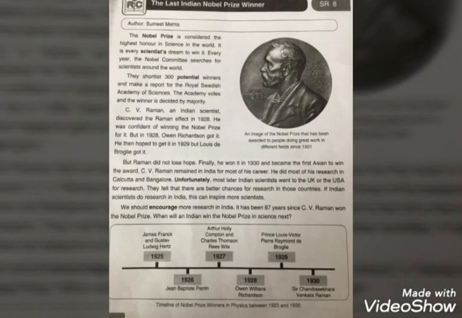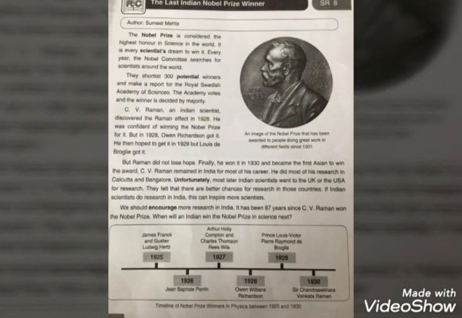Listen carefully. You can see an image. This image is a Nobel Prize image. All Nobel Prize winners have been awarded with this prize. This is a memento. This is a picture of the Nobel Prize.